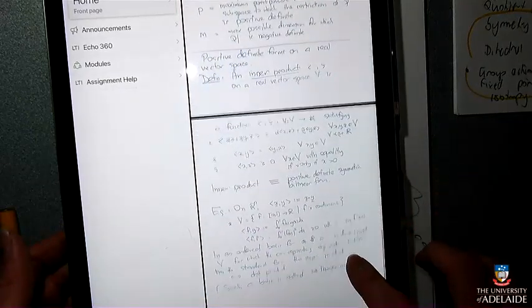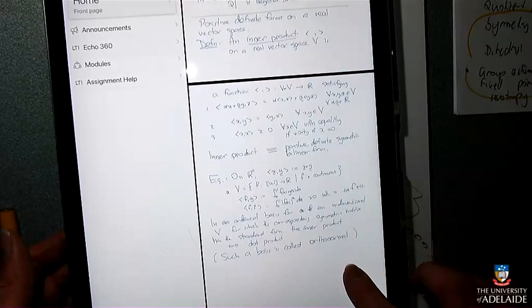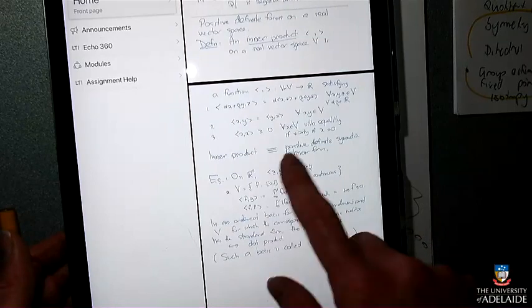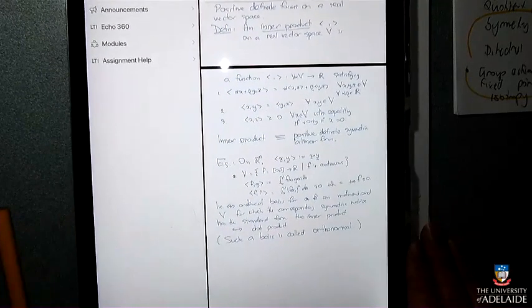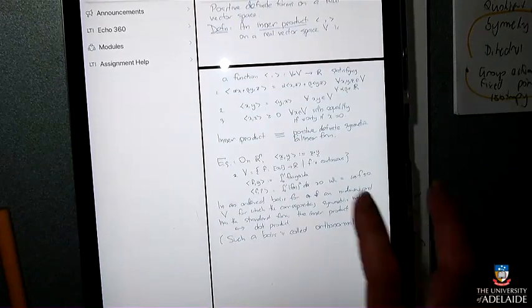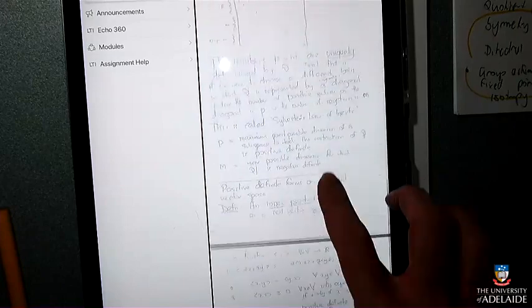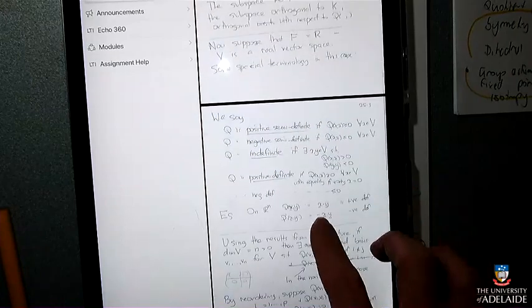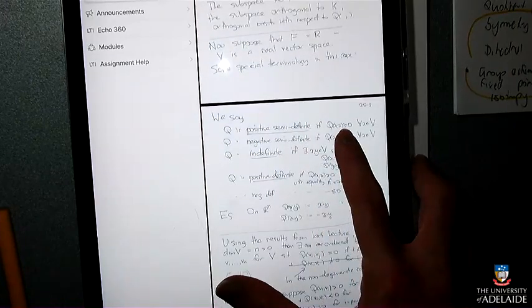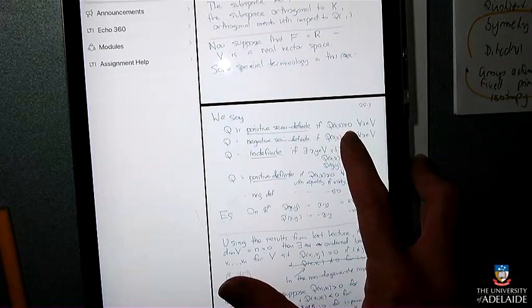So we have an inner product, a positive definite, symmetric bilinear form. So the positive definite bit is this bit here. Let me just go back. Q is called positive semi-definite if Q of x with itself is greater than or equal to 0.